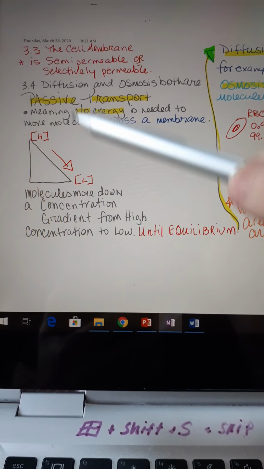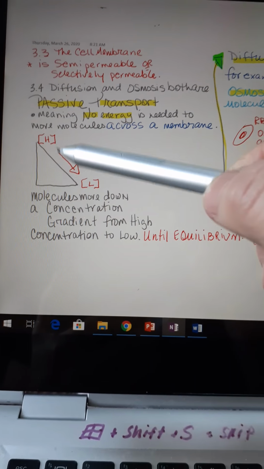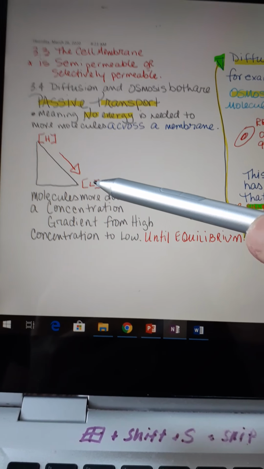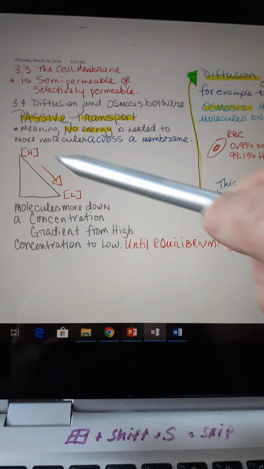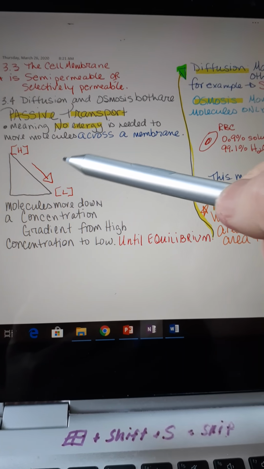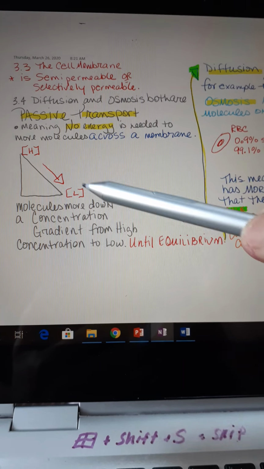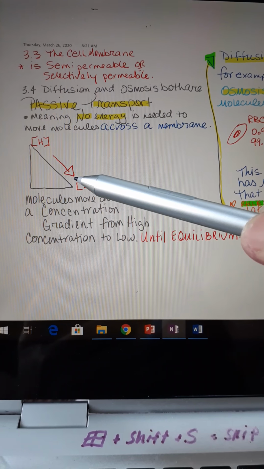This does not require energy. Think of you on your bike at the top of a hill, going down the hill, coasting, not requiring energy. The molecules will spread from a high concentration to a low until equilibrium occurs, until the molecules are evenly distributed.